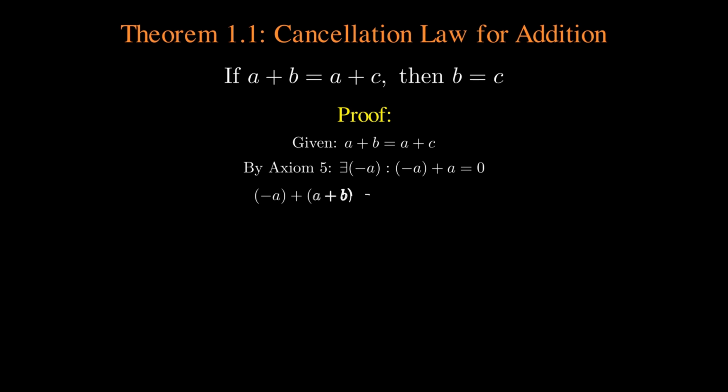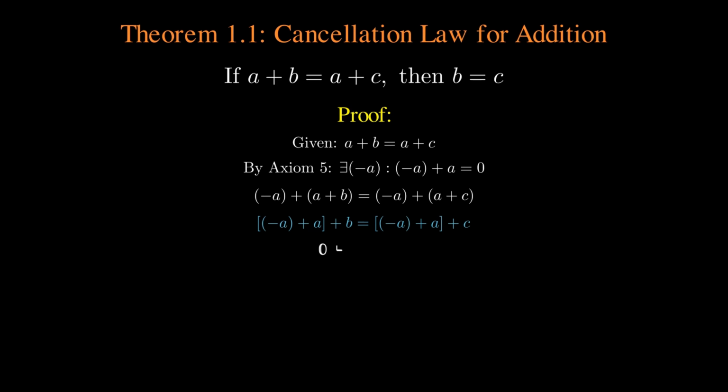On the left side, we get negative a plus the quantity a plus b by the associative law from Axiom 2. This equals the quantity negative a plus a, plus b, but negative a plus a equals 0 by the definition of negative a, so we have 0 plus b. By Axiom 4, this equals b.